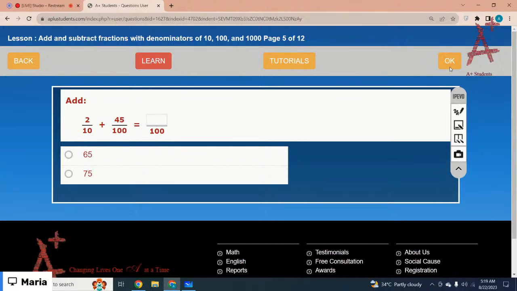You have to multiply the fraction 2 over 10 by 10 to make the denominator same, right?